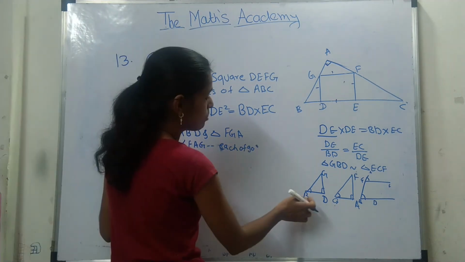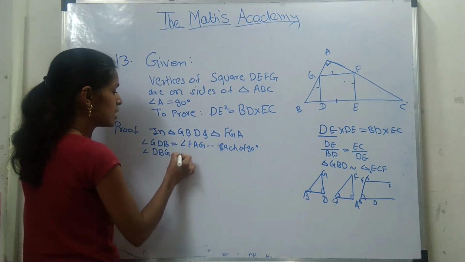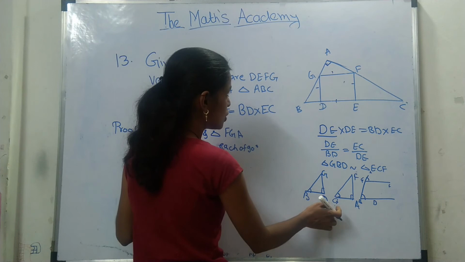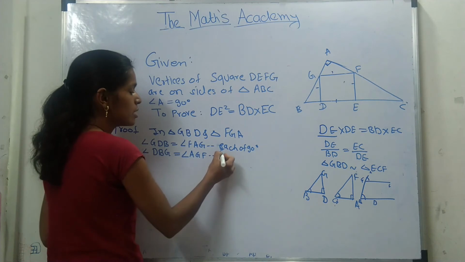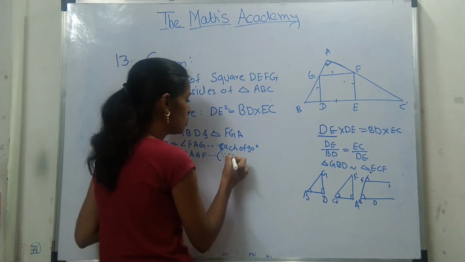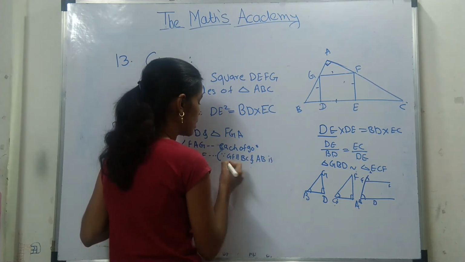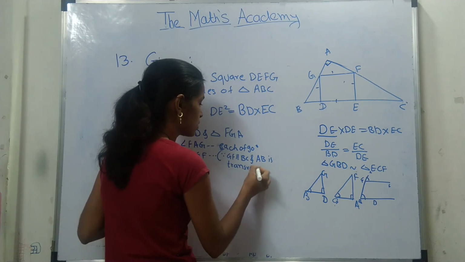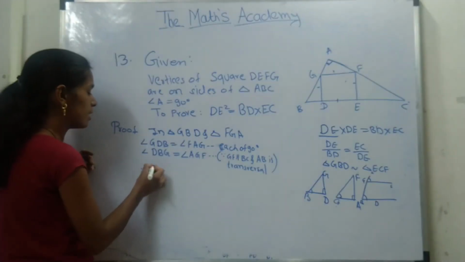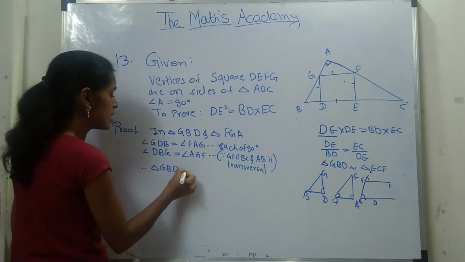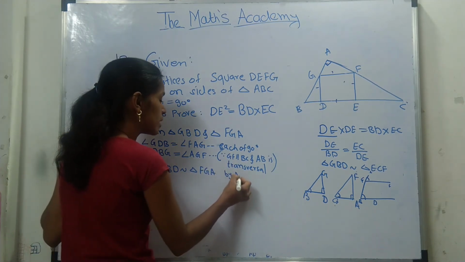And angle DBG is equal to angle AGF. We will write here, since GF is parallel to BC and AB is transversal. Now, therefore, triangle GBD is similar to triangle FGA by a test of similarity.